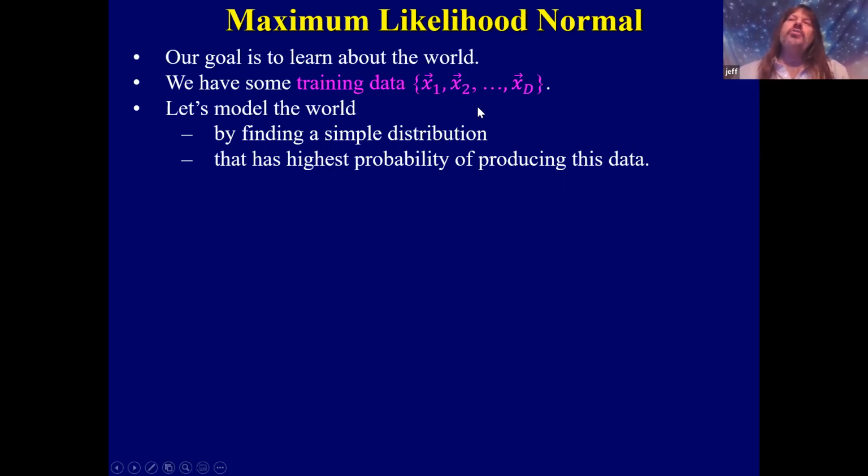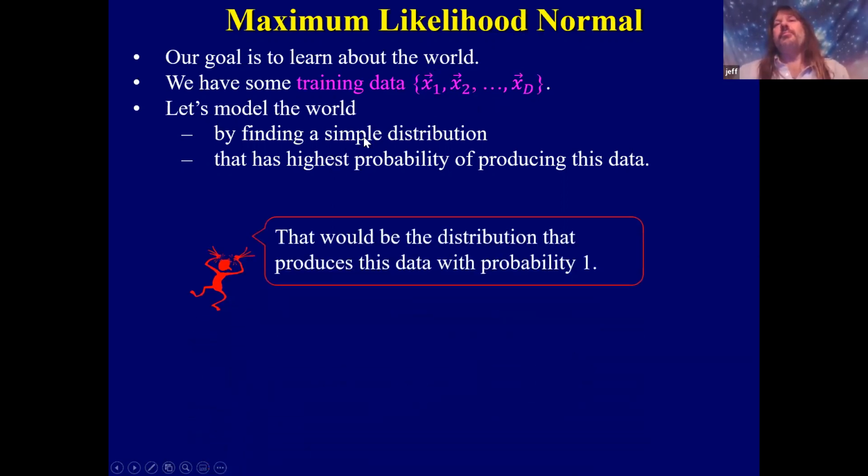Had we chosen this data according to this distribution, the probability of getting this data would have been higher than if we had chosen any other distribution.